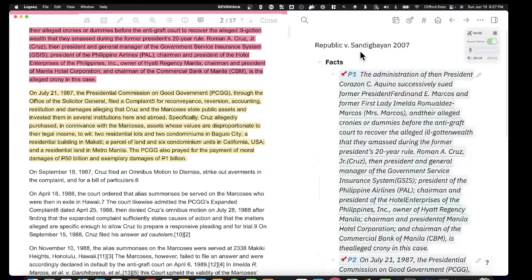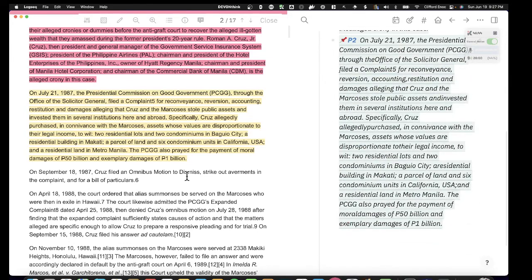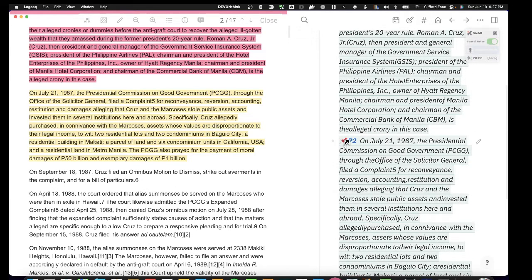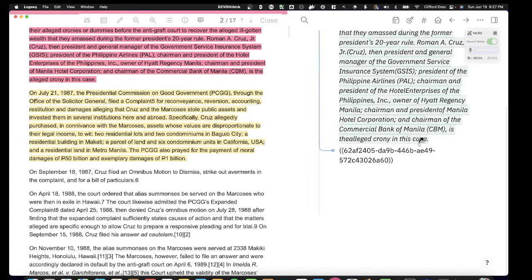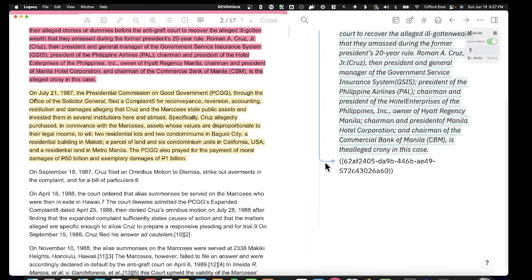So, go back. And then, yan, timeline. Mas maganda may timeline din. Lagyan natin ng date sa start. So 21 July 1987. Yan.